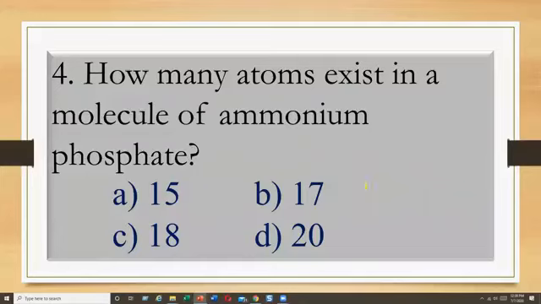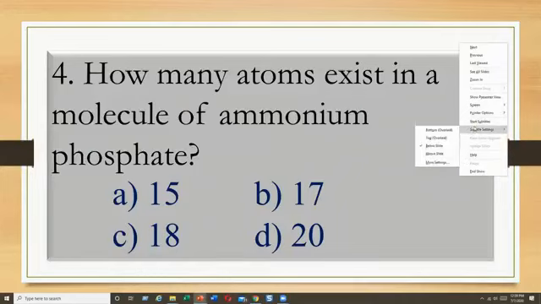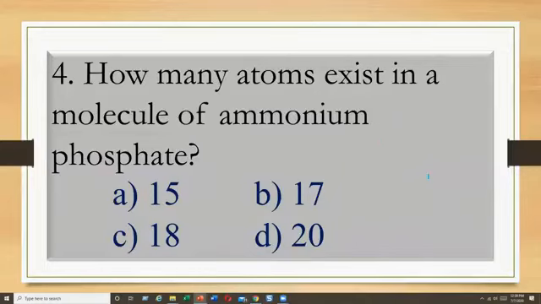How many atoms exist in a molecule of ammonium phosphate? First of all, you need to write down the formula of ammonium phosphate. Ammonium is NH4. Phosphate is PO4, which is 3-.